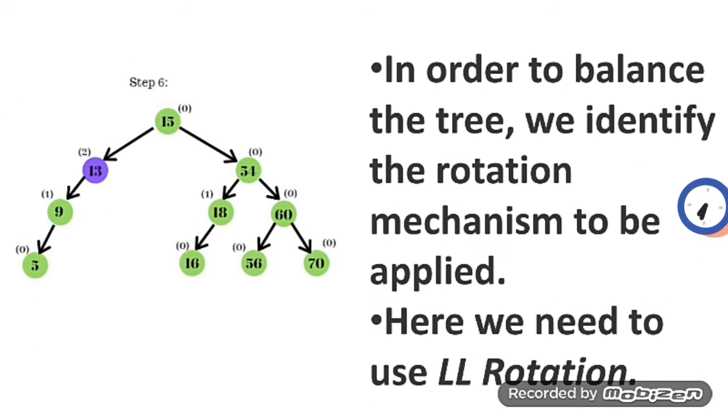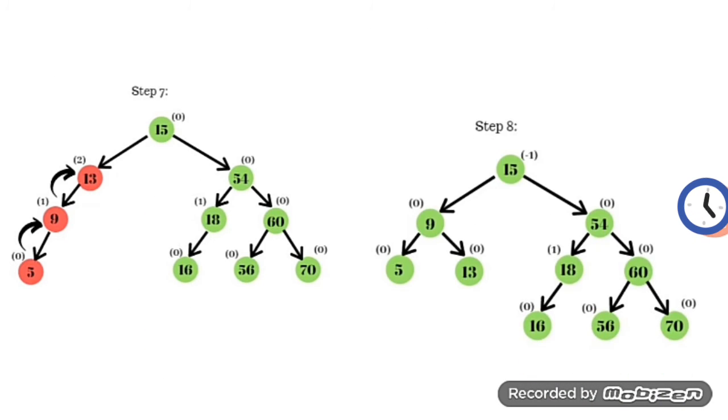In order to balance the tree, we identify the rotation mechanism to be applied, and here we need to apply left rotation. After rotation, the tree will look like this. 9 will be treated as parent, and 5 is the left child, 13 is the right child. In this way, now the tree is balanced.